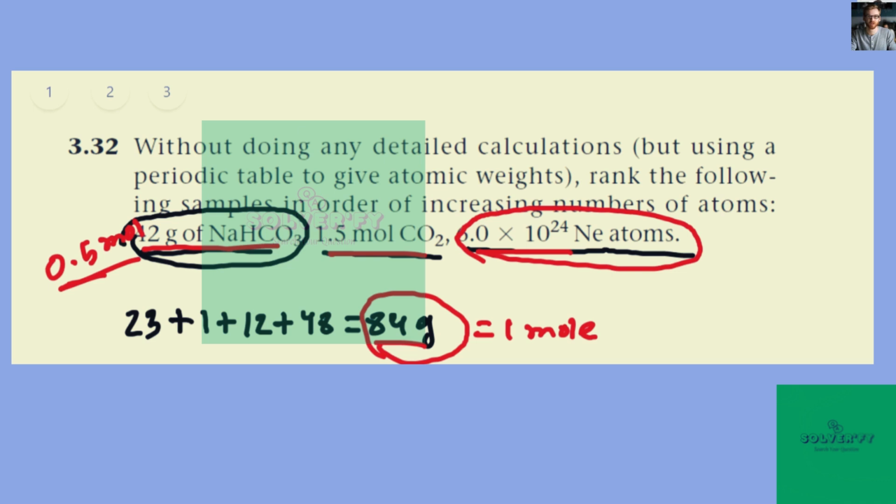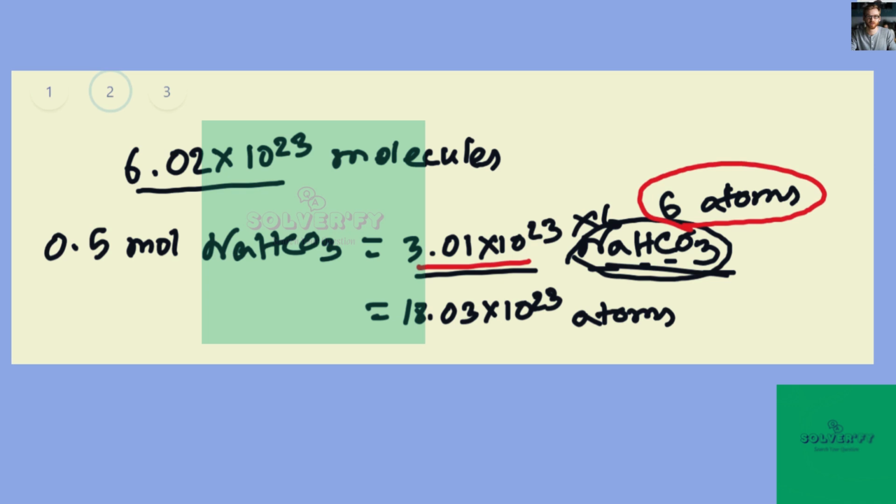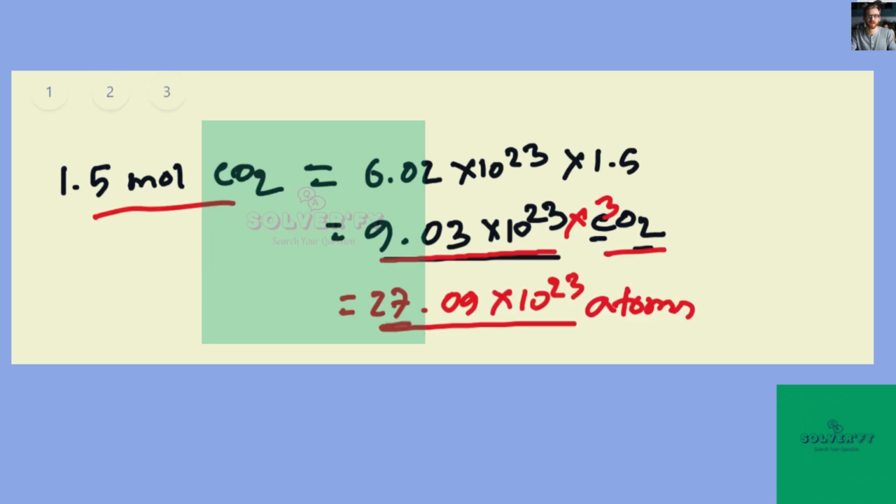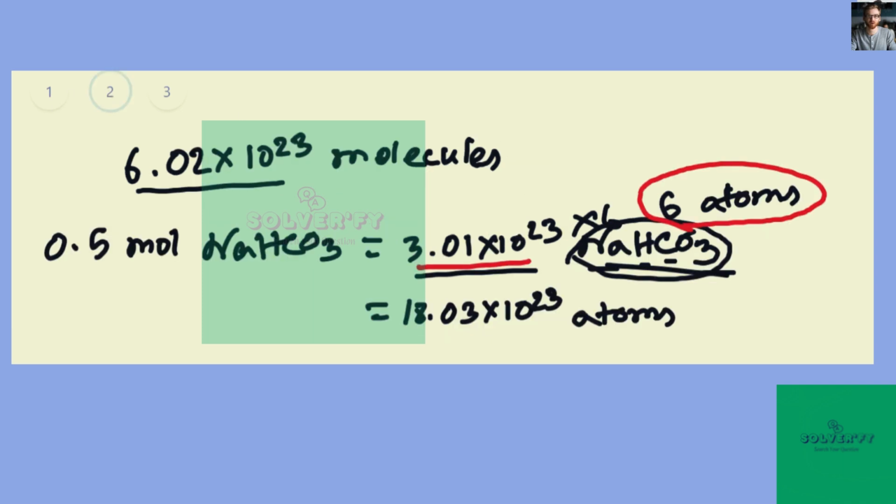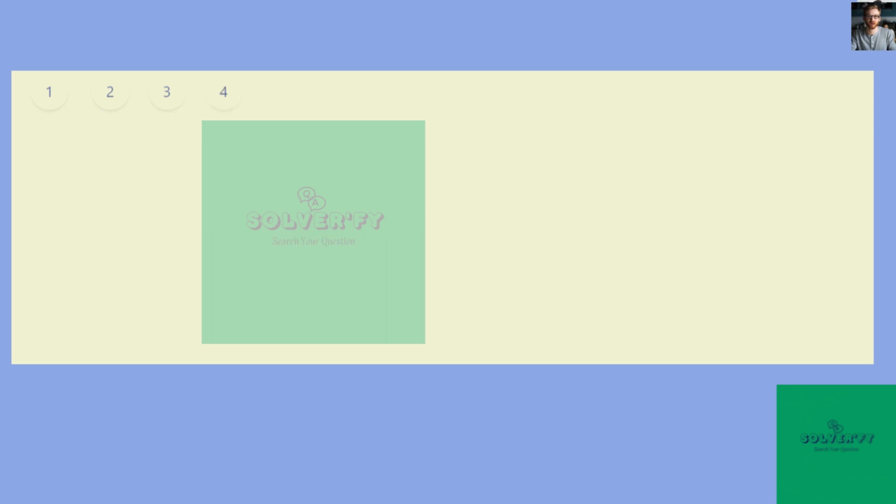Then we have the second highest in 1.5 mole of CO2, which is 27.09 times 10 to the power 23. And then we have the lowest number of atoms in half mole of sodium bicarbonate, which is 18.03 times 10 to the power 23.